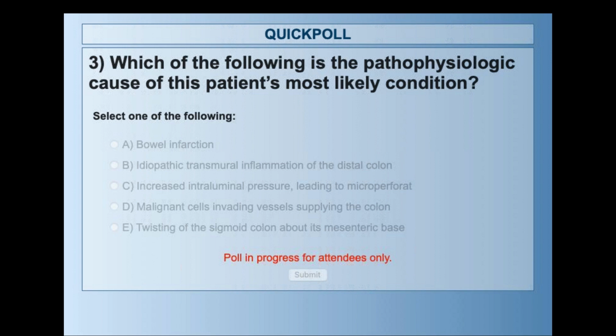Okay, how are we doing here? Almost 3/4 of you have cast your vote.